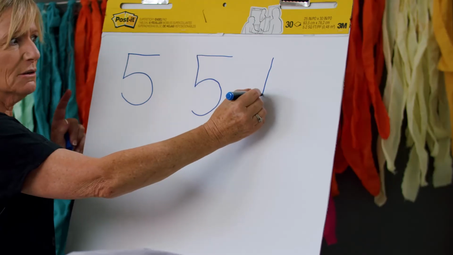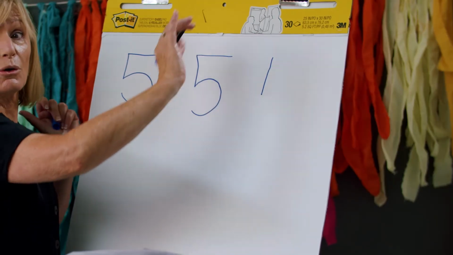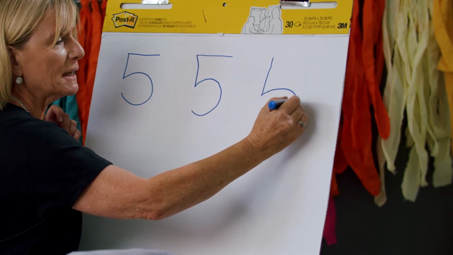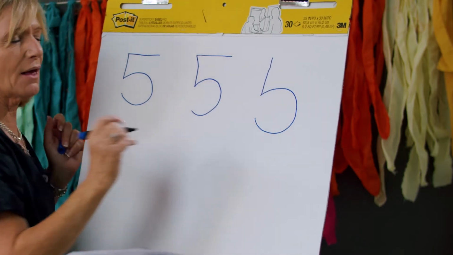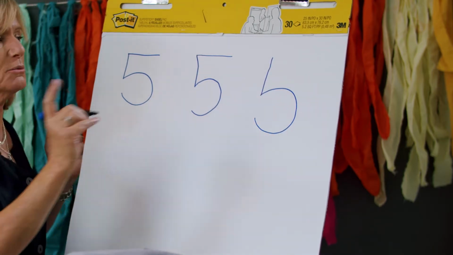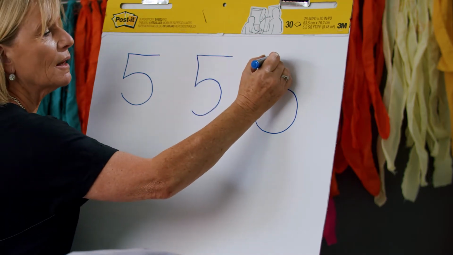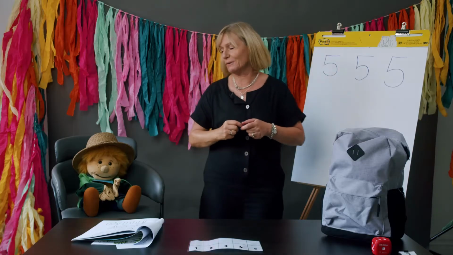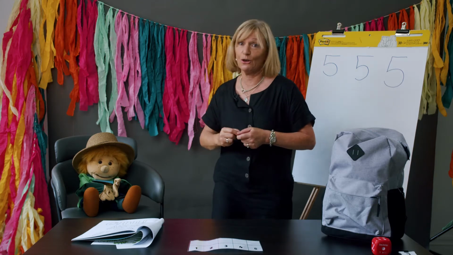Which way do we go? To the left or to the right? A big round belly. And then the last part of the numeral is we put the lid on top. It's a difficult number to write. Well done for having a go at that, Carlo. Thanks for sharing that with us today.